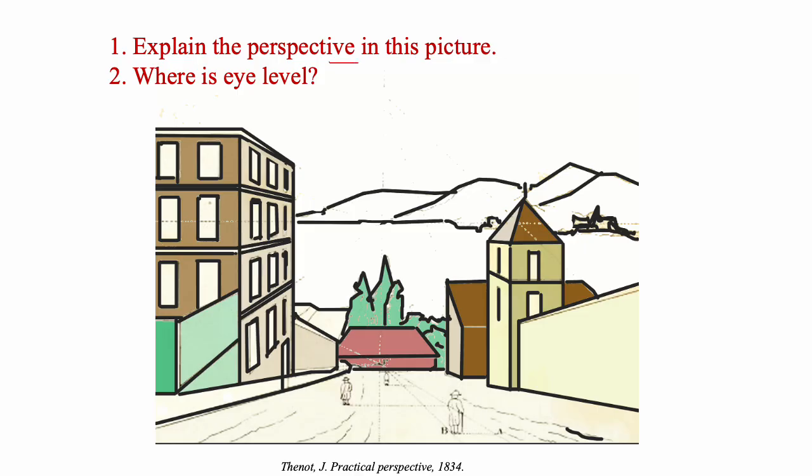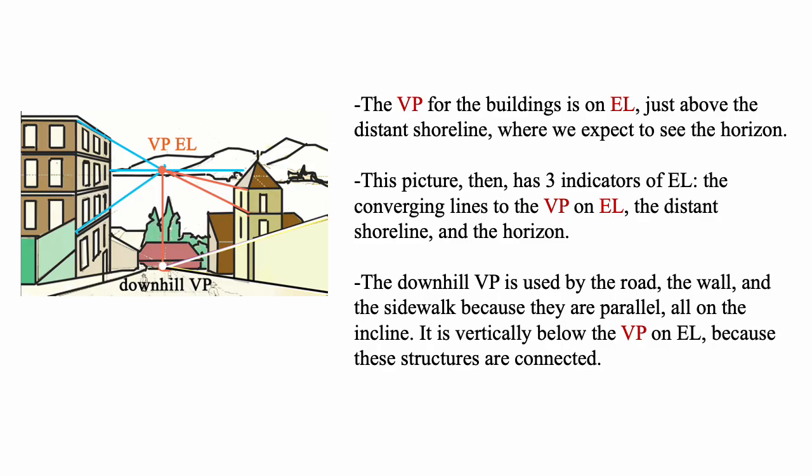This perspective is a little different, and an important clue is that the lines for the building don't align with the road and the sidewalk. Whenever you're looking at a perspective, always try to follow converging lines and find eye level. So these buildings converge toward this vanishing point here on eye level, which is also on the horizon and just above this distant shoreline.